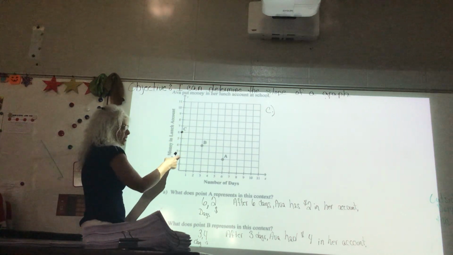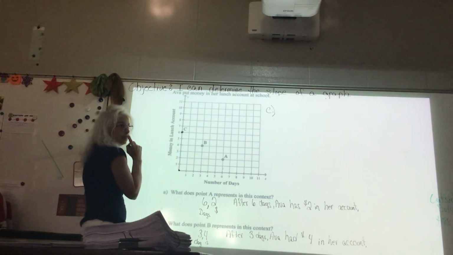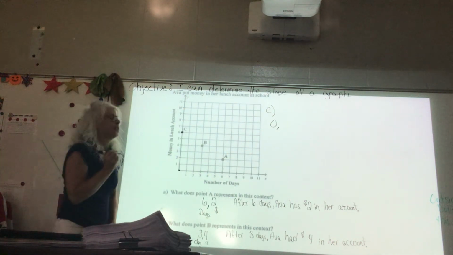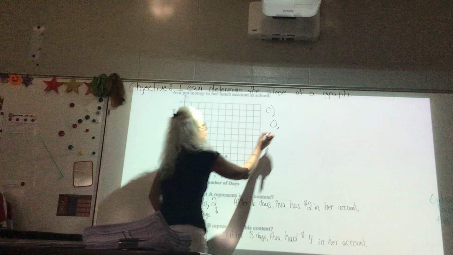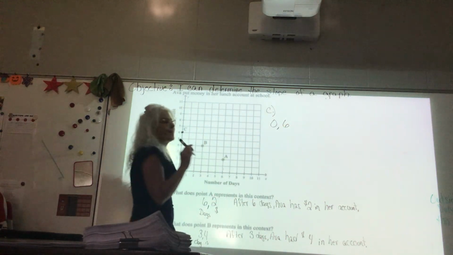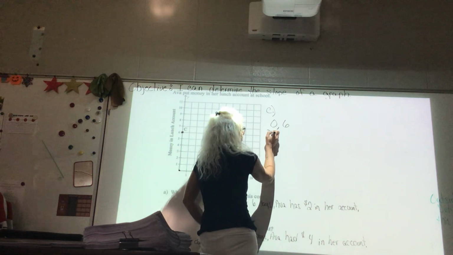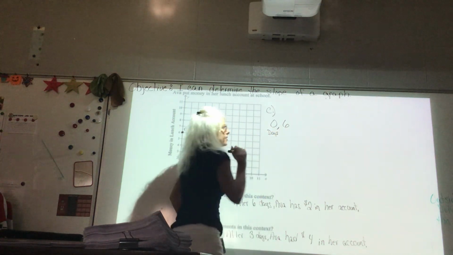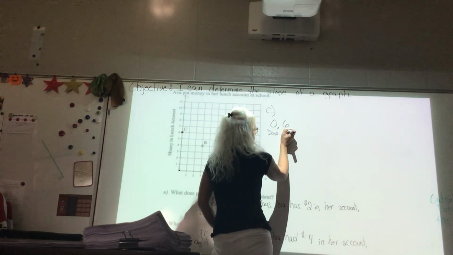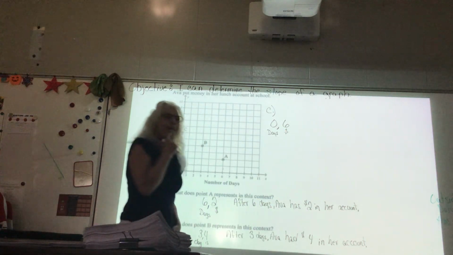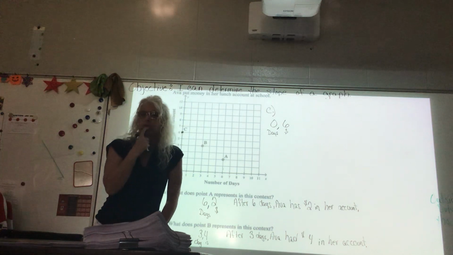So if I go down to the x-axis, what number is right there? 0. And then what is the y? 6. Which one is my days? The 0 or the 6? 0. So this is my days. And then the 6 is my money. So my day is 0.